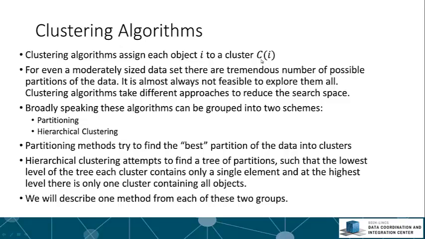Hierarchical clustering takes a different approach, which finds a whole tree of partitions such that the lowest levels of the tree contain individual objects, and then the root of the tree at the very top contains all the objects. So in this talk I'm going to describe a specific example from each of these two groups of approaches.